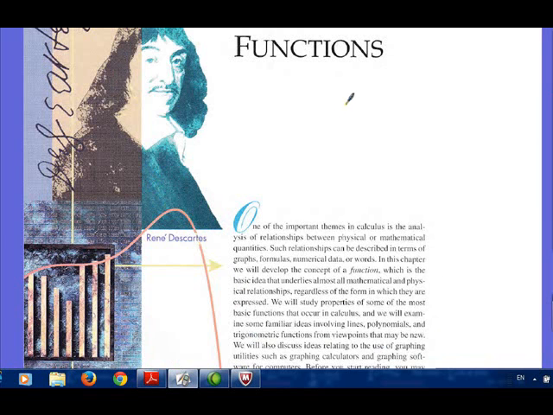The first and most important definition in calculus is functions. As you see in this image, the very famous scientist René Descartes dealt with these issues.